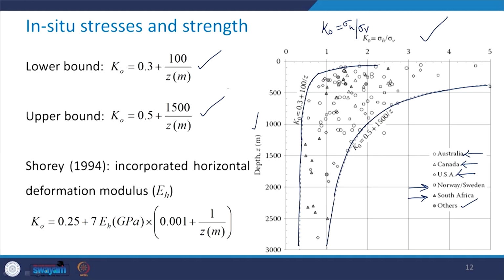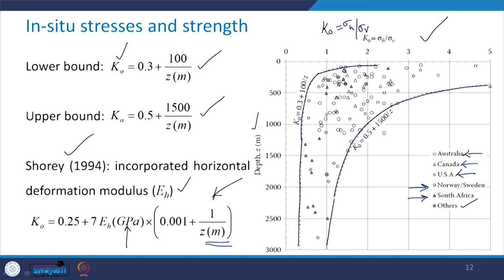Then in 1994, Sorey incorporated the horizontal deformation modulus in order to find this coefficient K naught in terms of EH and the depth Z, and this is given by this expression. Here EH, the horizontal deformation modulus, is substituted in gigapascal and the depth is written in meters.